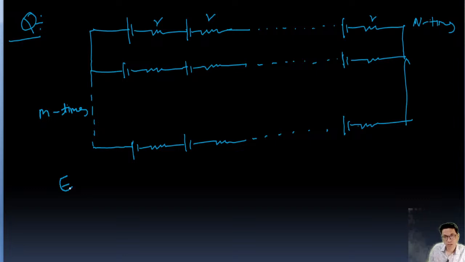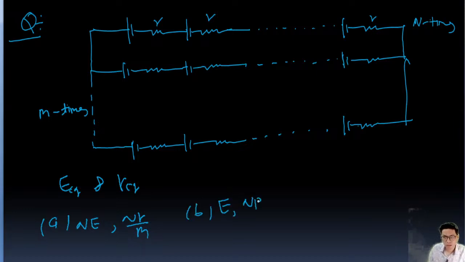E equivalent and R equivalent we need to find out, and options are: option A is nE comma nR upon m. Option B is E comma nR upon m. Option C is nE comma n upon R, nR.